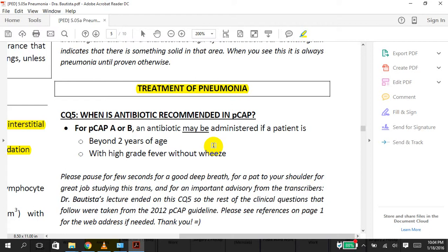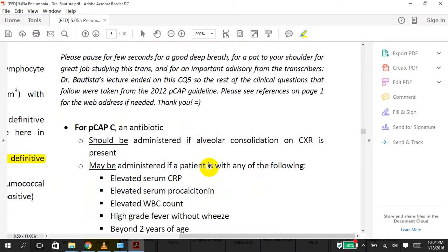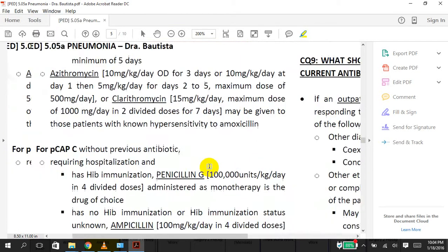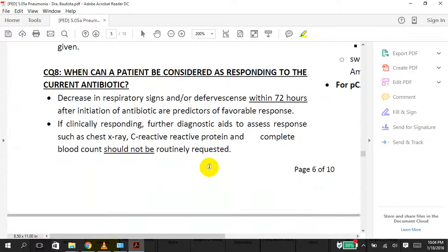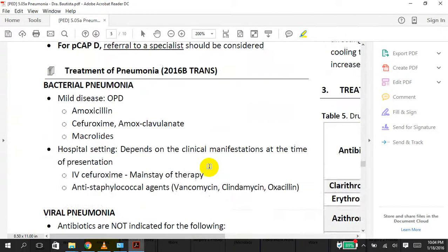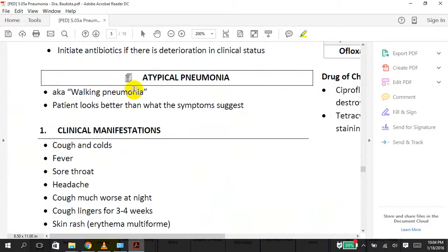And then for the atypical pneumonia, we'll just have to skip this one and then go straight to the atypical pneumonia.